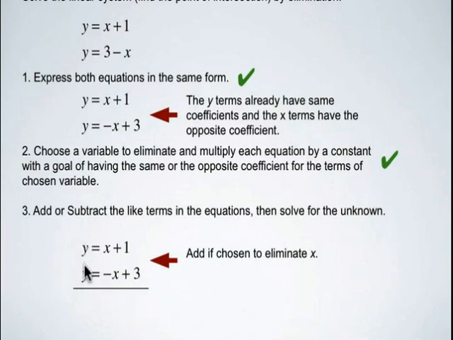So we're going to add these two equations. I want you to add y and y, and then equals x plus negative x, and add 1 and 3. Then solve for your unknown, which is y, and determine the value of y, substitute back into the equations to find the value of x, and then check your answer.